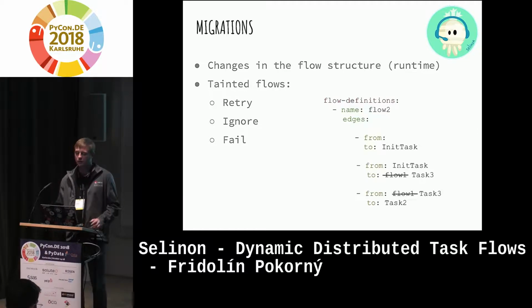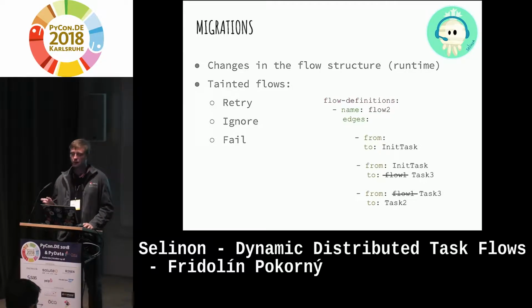There is something called tainted flows, and the term means this: if you are running in production and imagine flow 2 was already executed, or the init task in flow 2 was already executed, and you change the behavior of this flow.